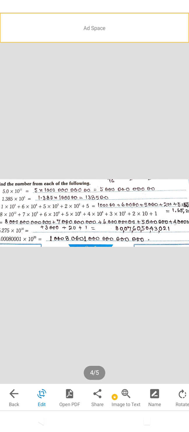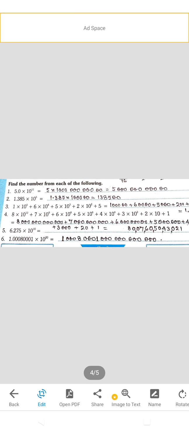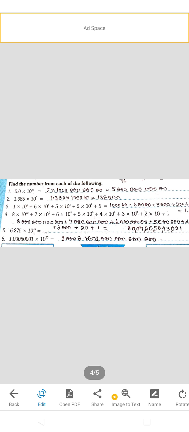So 10 raised to the power 5 means 1 followed by 5 zeros, so 1 followed by 5 zeros. 6 multiply 10 raised to the power 4 means 6 followed by 4 zeros, and 5 multiply 10 cube, so it can be written as 5 followed by 3 zeros. 2 multiply 10 square, it can be written as 200 plus 5, and add it. Your answer is 1,65,205. Similarly, you can do 4, 5, 6.